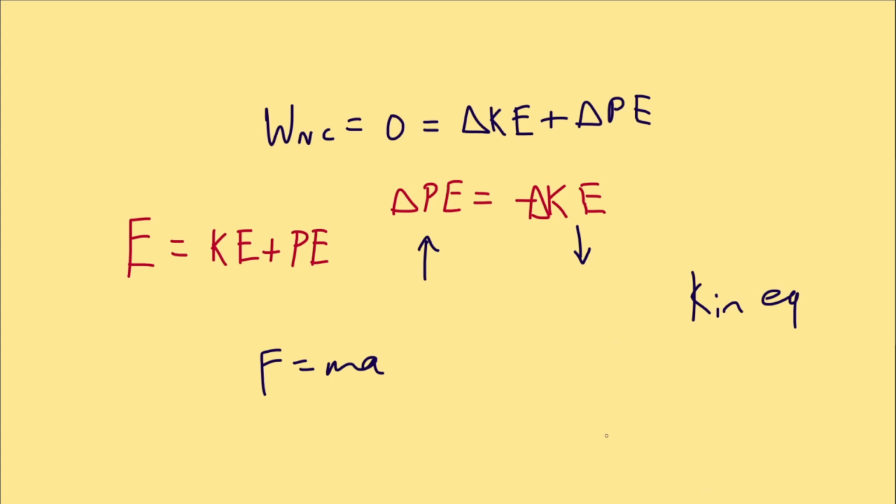It's easier when a problem involves the conservation of energy, which means that the total energy in the system doesn't decrease or increase. So no energy is lost, no external force gives energy to the system.